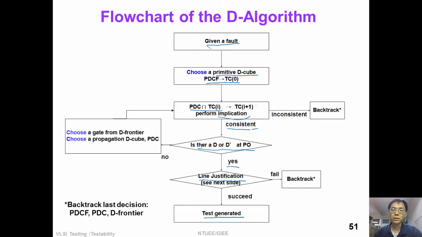During this process, if any conflict occurs, then we would need to backtrack. We can backtrack to our last decision. For example, we can backtrack to our PDCF.